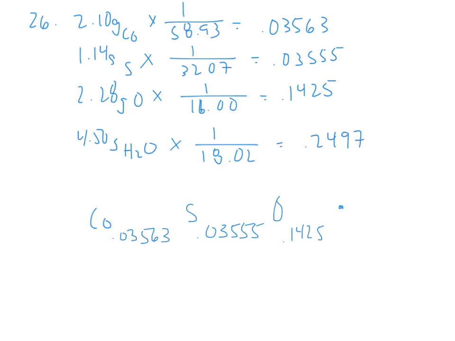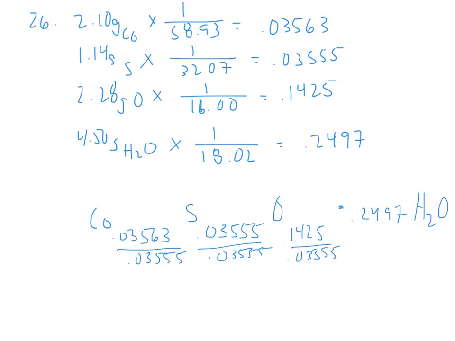And then remember, since it's a hydrate, the molar amount would be put in front of the water, the 0.2497 moles of water. So I'm still going to use the same process and divide by my smallest molar amount. And that includes the water.